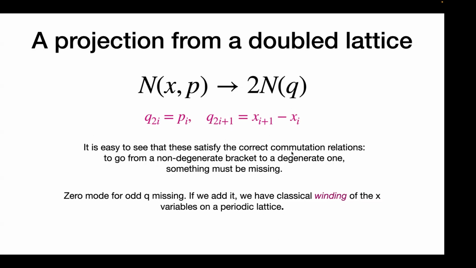You just relax that constraint. And then what you're adding corresponds exactly to the winding of the variables in a periodic lattice. So the claim is that you kind of not quite go from a boson to a half boson. You go from a boson to a half boson on a lattice twice the size, and you have to tweak the variables a little bit in a way that in some technical sense is non-local.